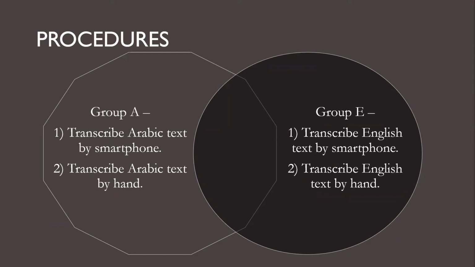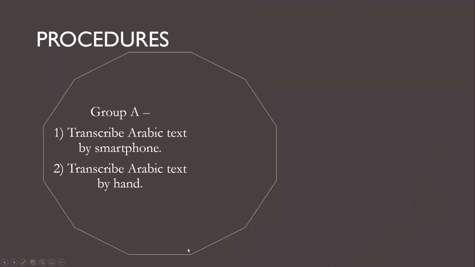The second was transcribing the same text using paper and hand, the traditional way. Group E were asked to produce an English text on smartphone and then replicate it using paper and pen, to make sure both groups produced the same kind of text in Arabic and English, and to give us the opportunity to compare and do the statistical analysis needed.